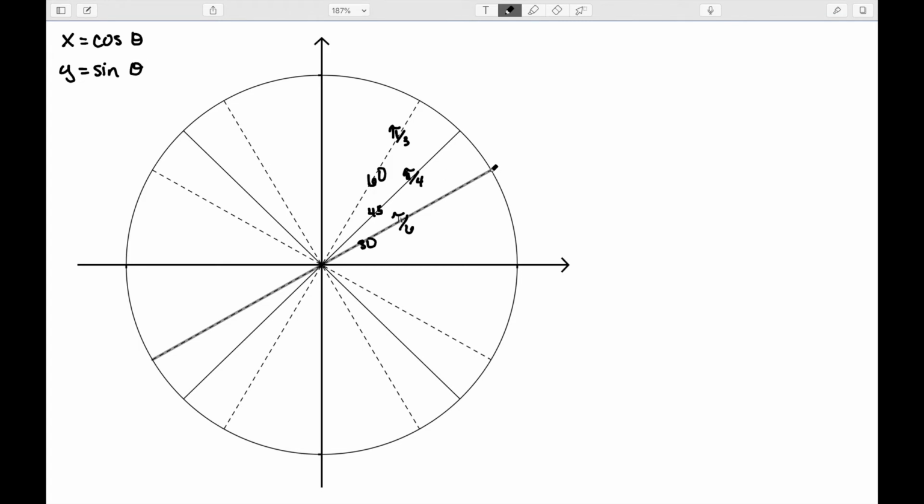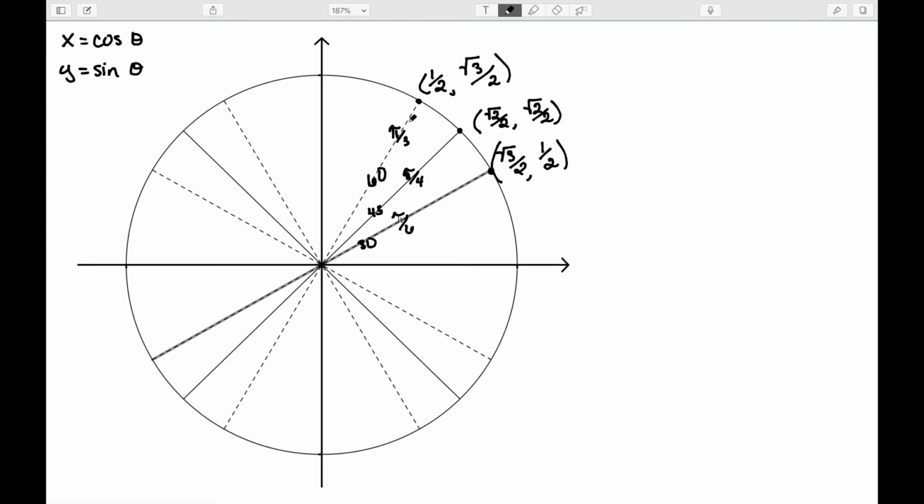Well, we know that cosine of 30 degrees, or cosine of pi over 6, is the square root of 3 over 2. Sine of pi over 6, or sine of 30 degrees, is 1/2. So that point is (square root of 3 over 2, 1/2). For 45 degrees, or pi over 4, sine and cosine of theta are both square root of 2 over 2. Cosine of 60 degrees, or cosine of pi over 3, is 1/2. Sine of 60 degrees, or sine of pi over 3, is square root of 3 over 2.